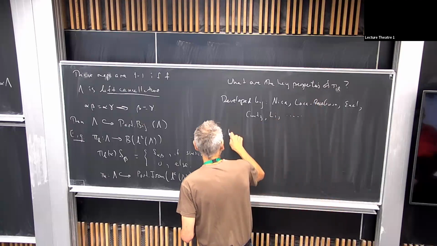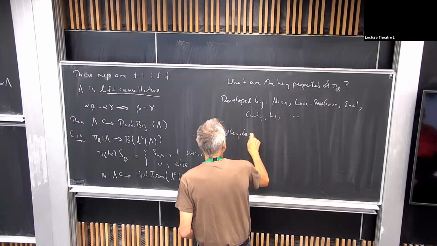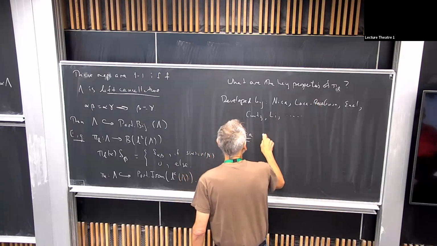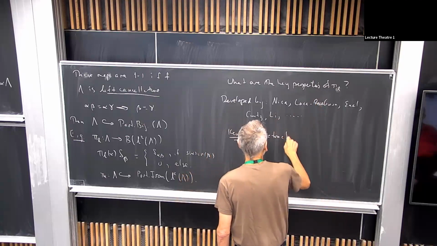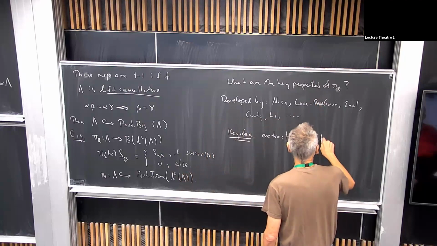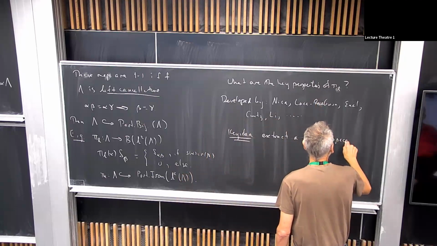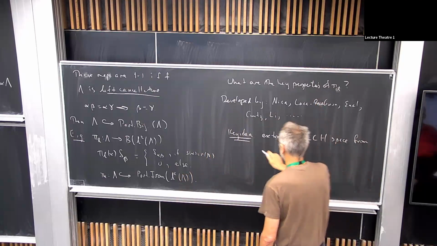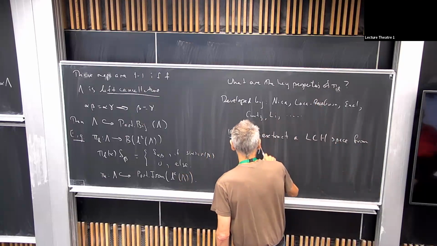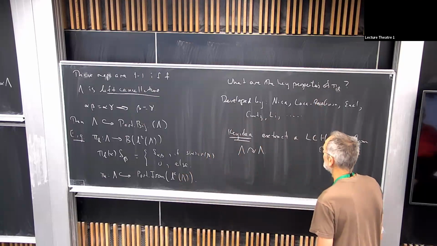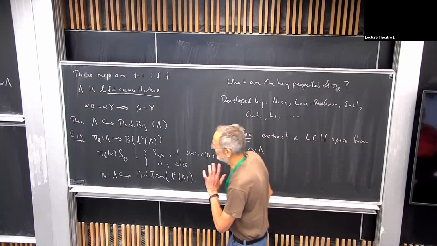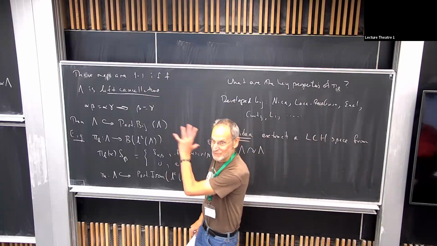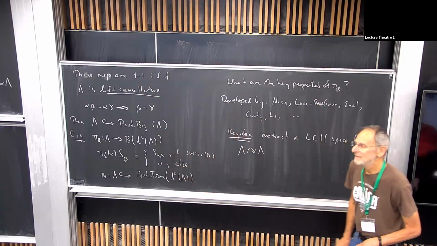So here's what I've distilled from this as the key idea: we try to extract a locally compact Hausdorff space from this action of lambda. So lambda, I only consider countable small categories.